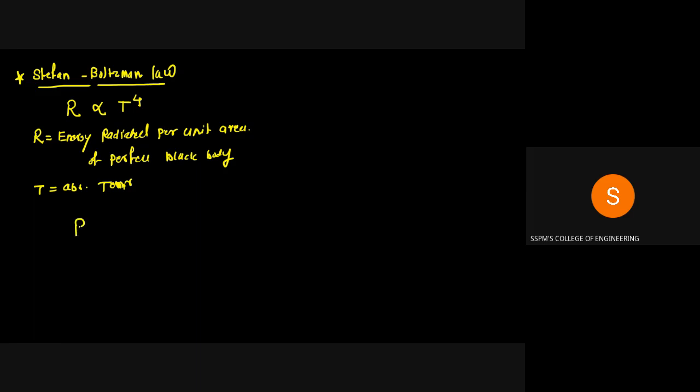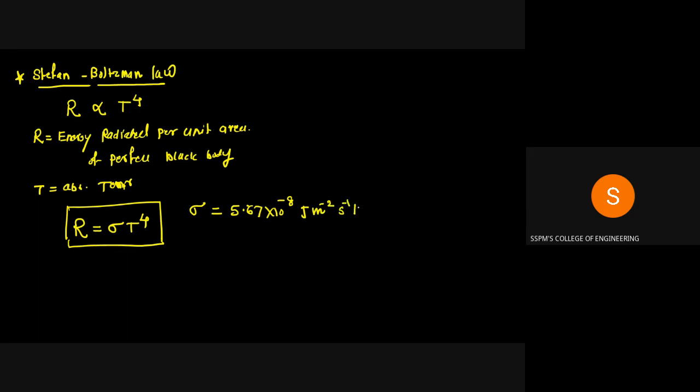We can write the same relation by using a constant: R is equal to sigma T raised to fourth. Sigma is called the Stefan-Boltzmann constant, and sigma is equal to 5.67 × 10 to the power minus 8 joule per meter square second Kelvin raised to fourth.